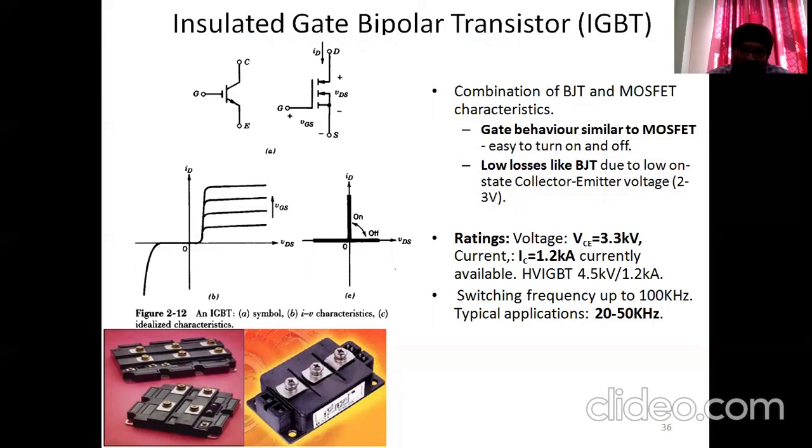And at the same time, losses are low, as in a BJT, due to the low on-state collector-emitter voltage.